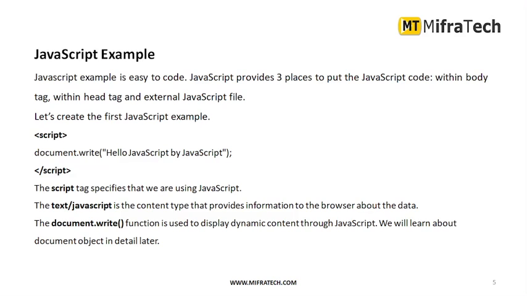The type text/javascript is the content type that provides information to the browser about the data. The document.write function is used to display dynamic content through JavaScript. Like when we write a print statement in other languages, document.write is used here to write content.